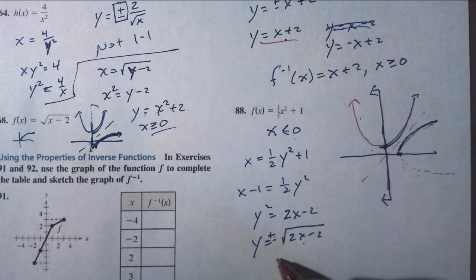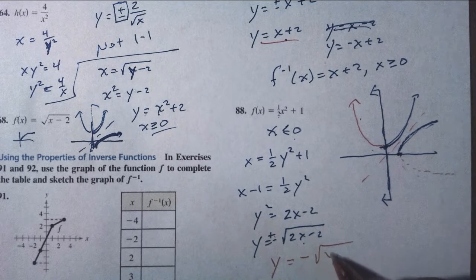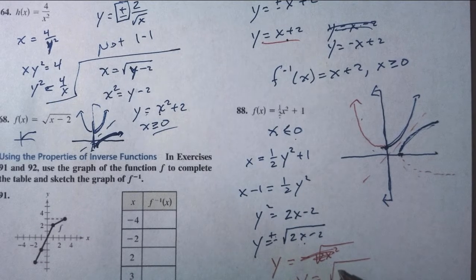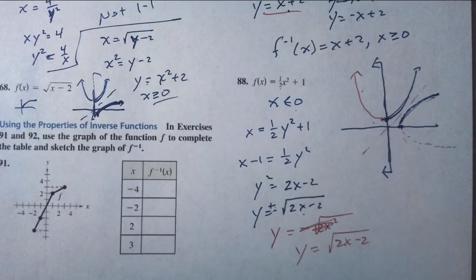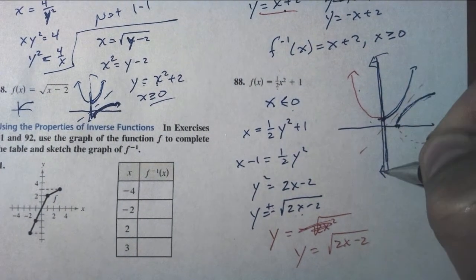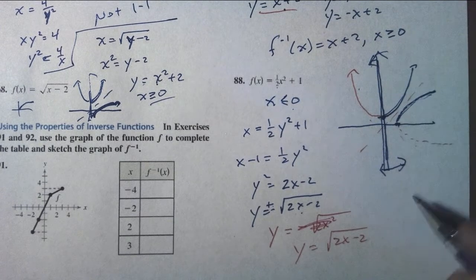So I would actually want to go with the answer y equals the bottom half, y equals negative square root of 2x minus 2. We want the bottom half of that curve. But again, typically I would probably go with the top if we talk about the blue inverse.